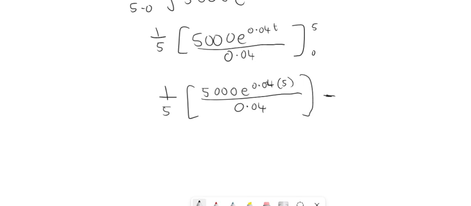0 in for t. Now I could have simplified the numbers there first of all. I probably should have done 5,000 divided by 0.04 and got something that would have made it a little bit easier to write out. So obviously then that will become a 1 there.